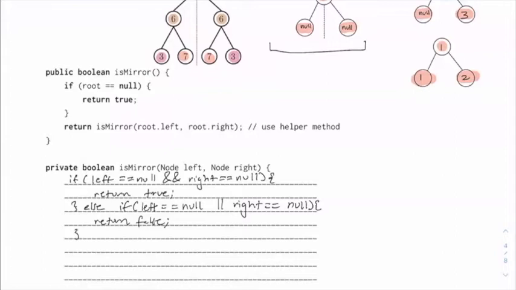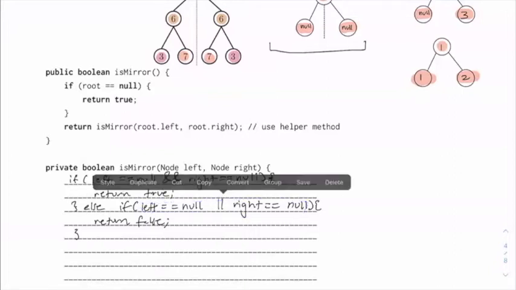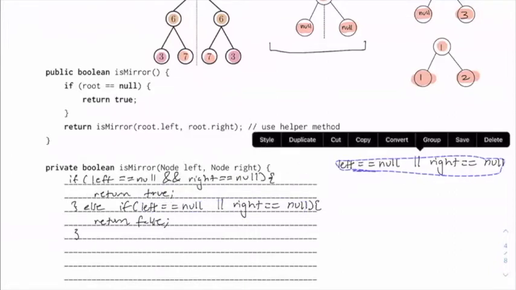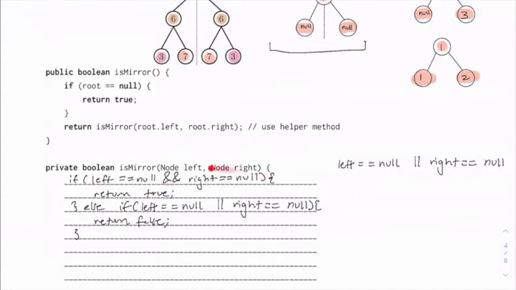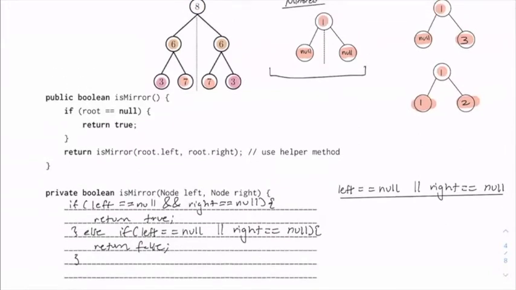So the reason why this works well, and the reason why it's so important that we have this specific order, where we first consider the and statement, and if this is false, then we will consider this or statement, is because this left equals null or right equals null statement is true in these cases.